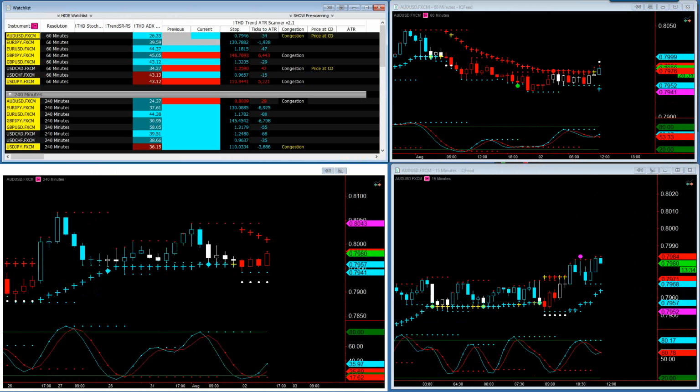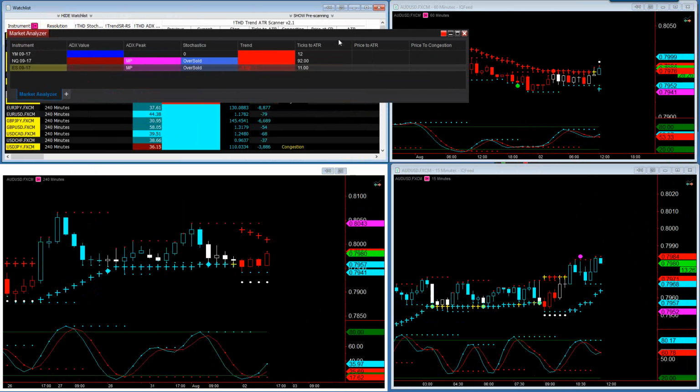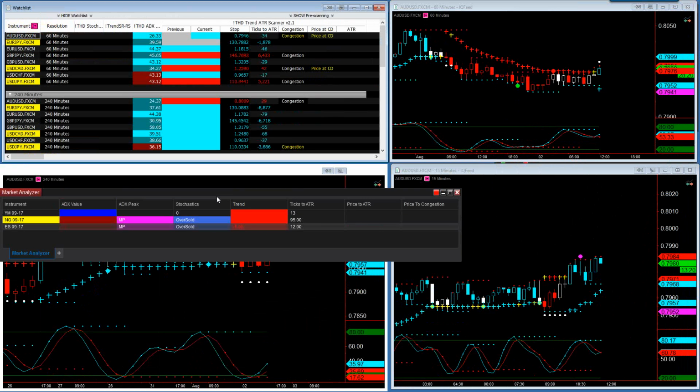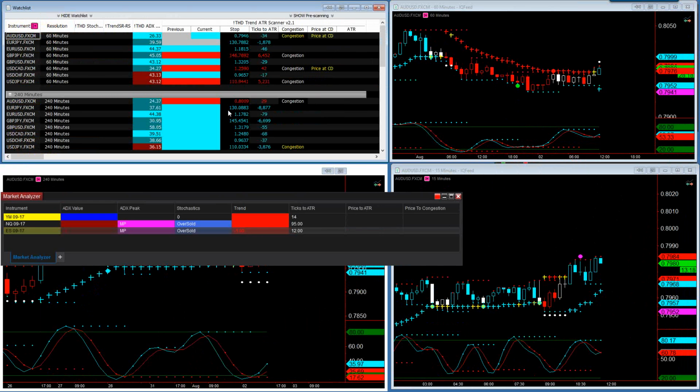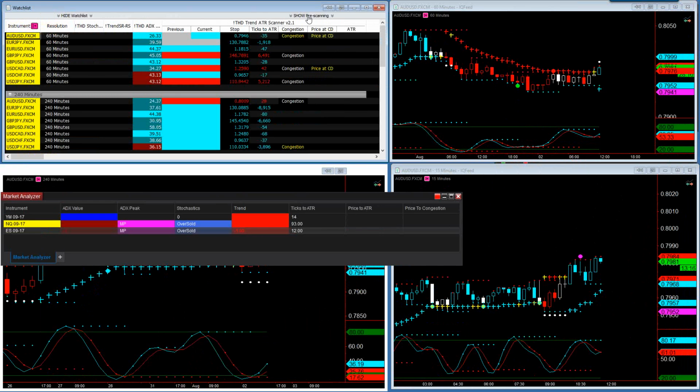The market analyzer, it's not exactly like a scanner, but it works very similar. We program these specifically for a market analyzer to work like the scanner, okay? And this is the scanner in multi-charts. It works like an Excel spreadsheet, Al. So it keeps up with all the values for us.